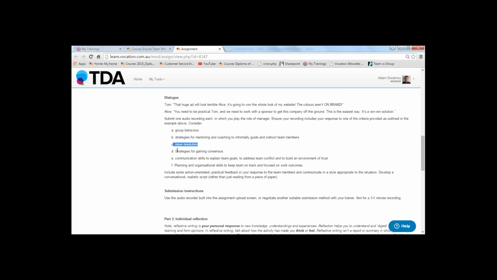Issue resolution: at some point, I want to see the issues out on the table. Strategies for gaining consensus: I want to see you trying to gain a consensus between Tom and Alice. Communication skills to explain the team goals, to address the conflict and build an environment of trust.